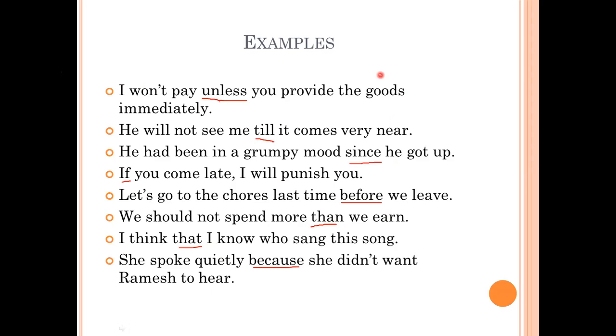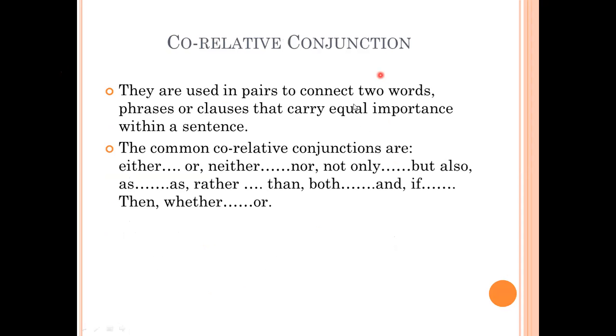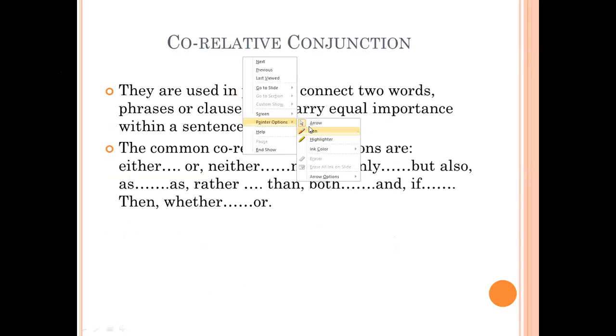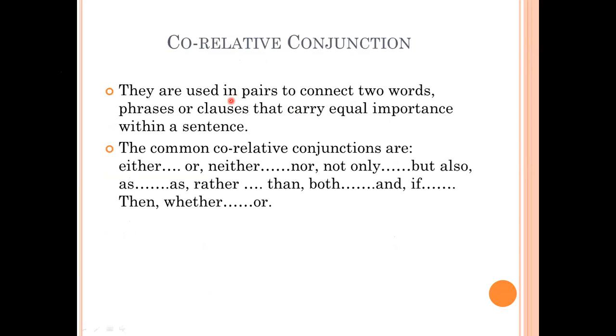So these were some of the examples of subordinating conjunctions. On the next slide, we will talk about correlative conjunctions. So correlative conjunctions means what? First of all, they're used in pairs. So first thing that you need to understand, they used in pairs. Pairs means two words are there, or maybe sometimes two or three also.